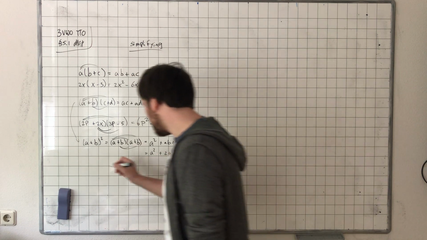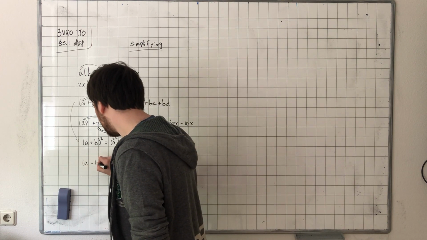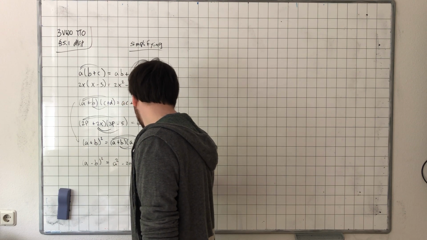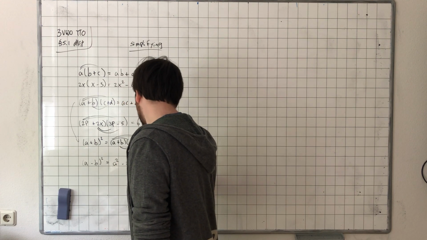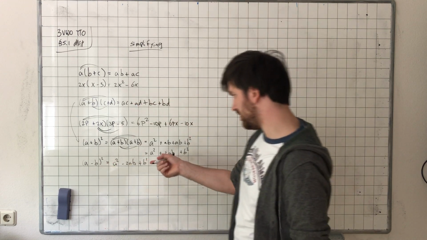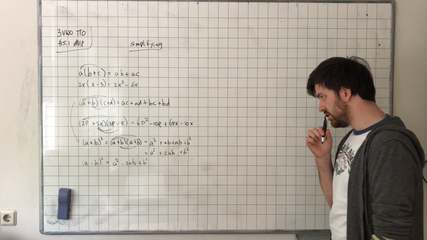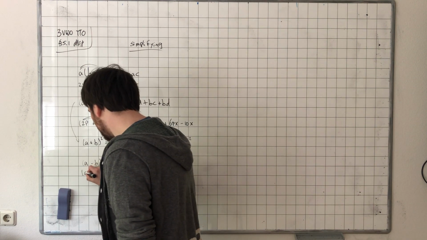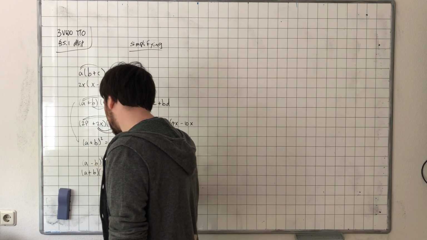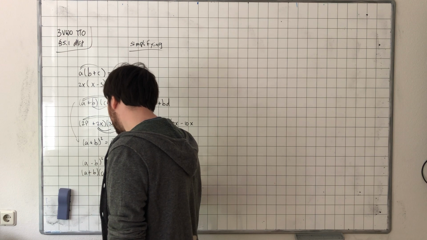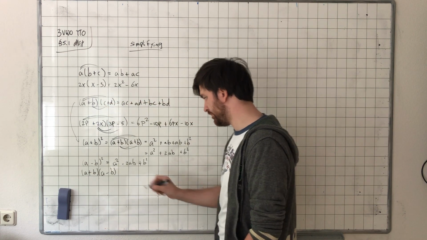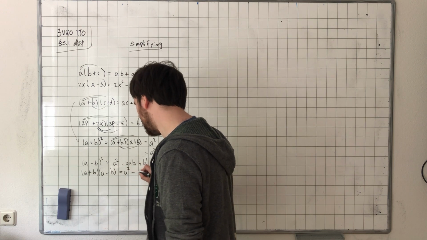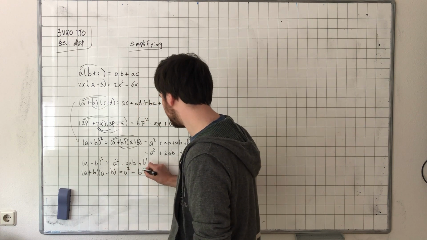In a similar way, you can say that a minus b squared is the same as a squared minus 2ab plus b squared. And you can verify this if you don't trust me, which by now you actually should trust me, I think. Then the last one, which you'll also encounter sometimes, is a plus b times a minus b. That's basically just the difference of two squares, so a squared minus b squared.